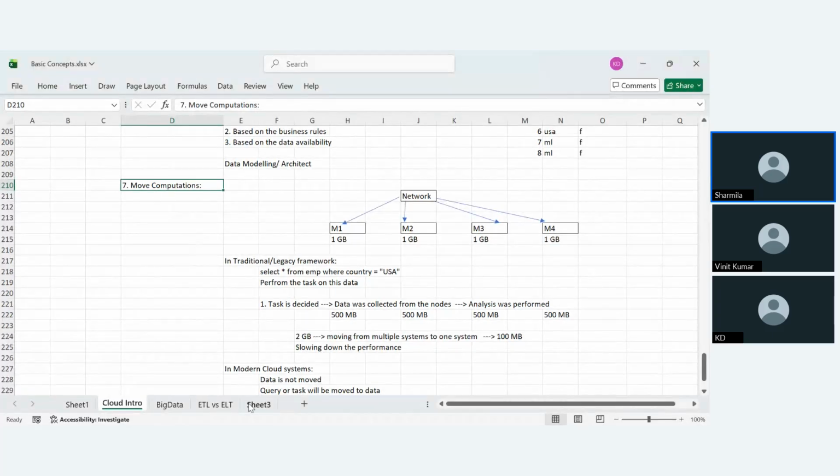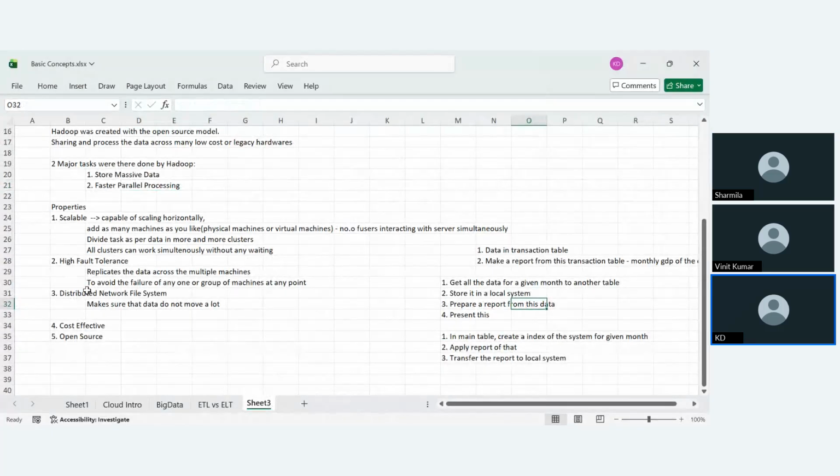Understood. So this is the concept of move computation as well. In a distributed network file system, Hadoop makes sure that data does not move a lot. Rather than 30 GB, we are only moving 100 MB from the main system to the local system.